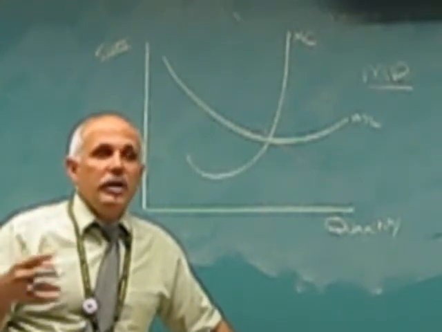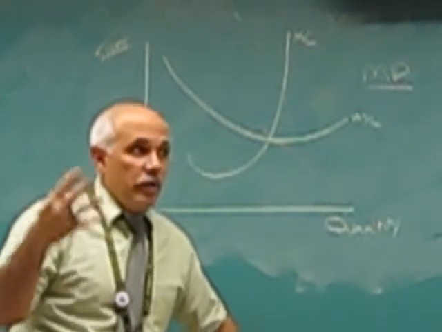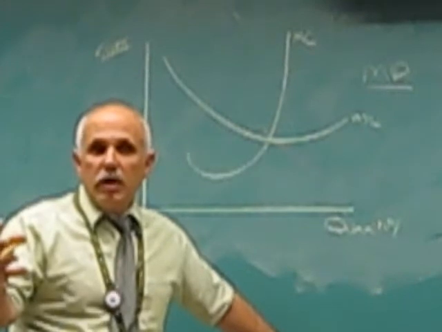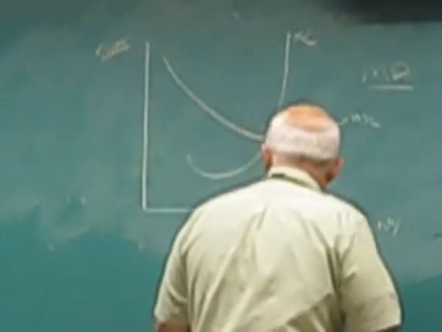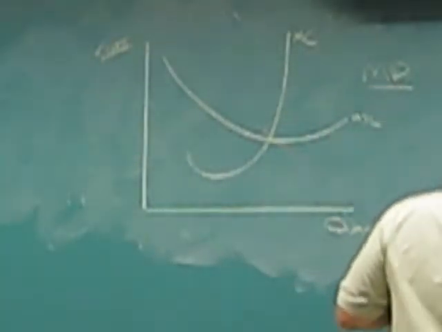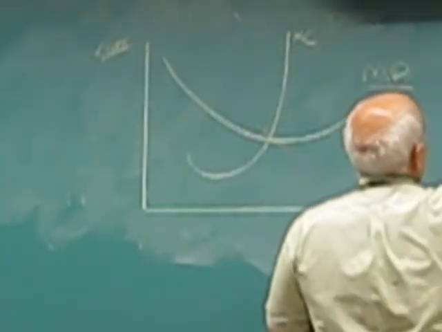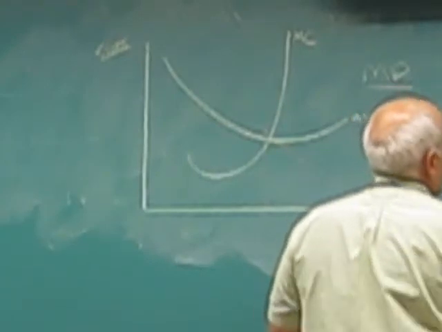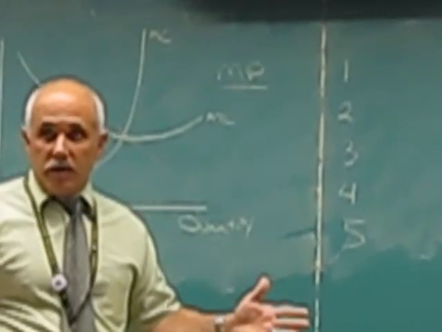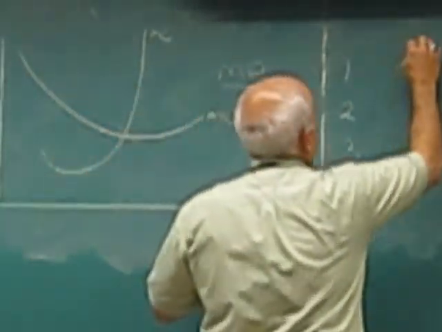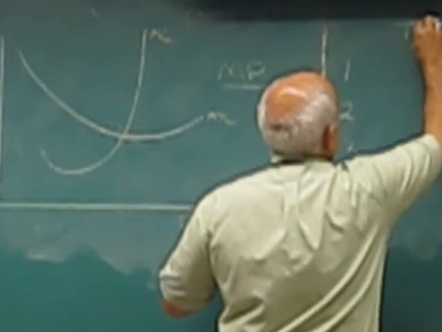The marginal product is the change in production associated with adding an additional worker. So if we have one worker, 2 workers, 3 workers, 4 workers, 5 workers in a firm in the short run, the short run capital is fixed, and we have total product here.